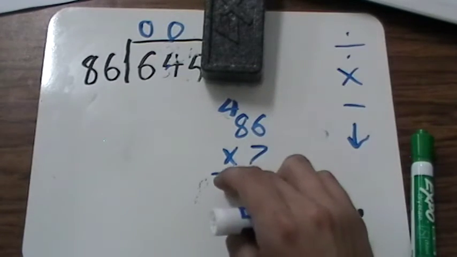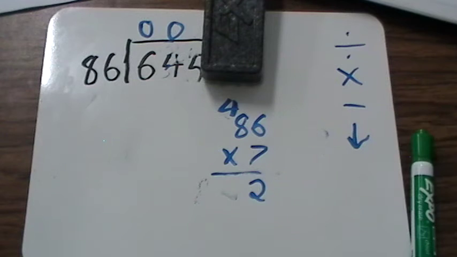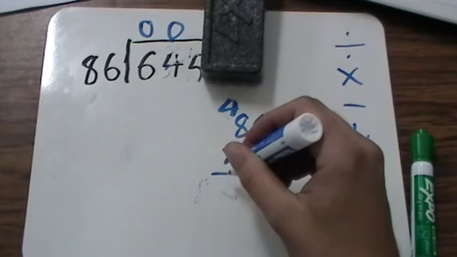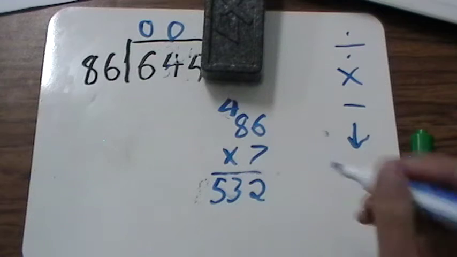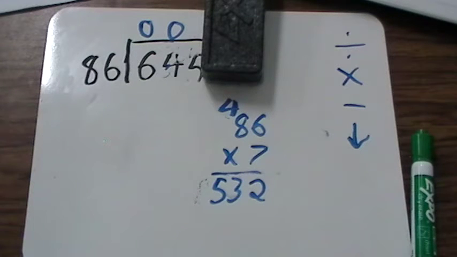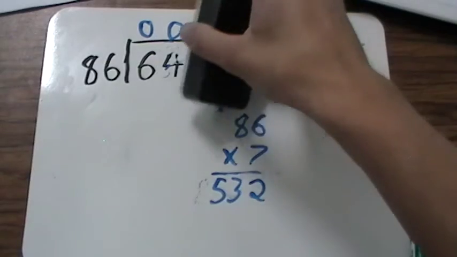Plus 4 is 53. 536. That doesn't seem to be right. I think we may have made an error. Do you see an error? Let's back it up. We made a mistake.